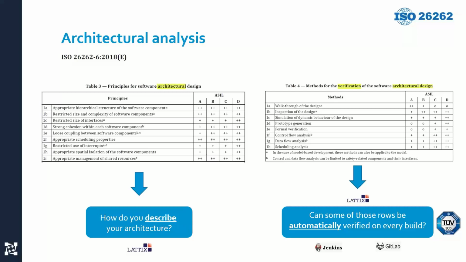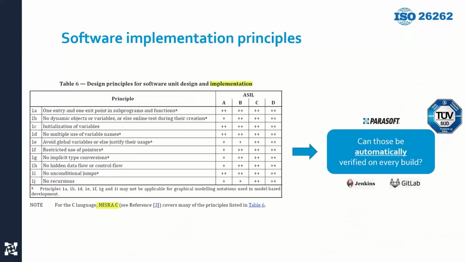So that's where Lattix comes in. With Lattix, you are able not only to describe and analyze the architecture, but also put it in the context of the CI/CD pipeline, so that some important properties of the architecture are verified on every single build.